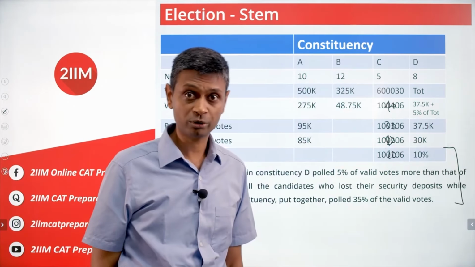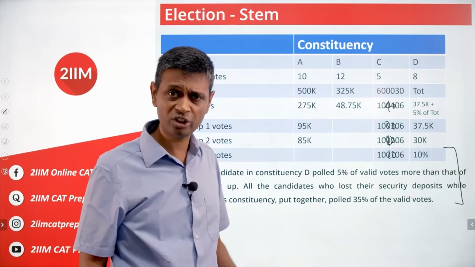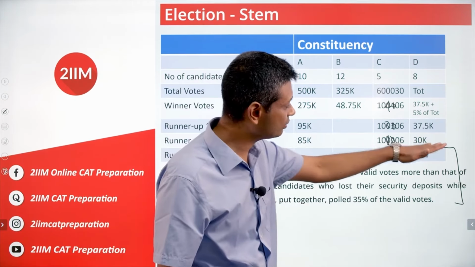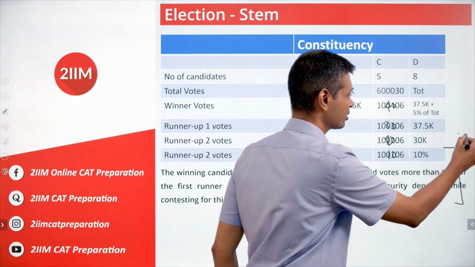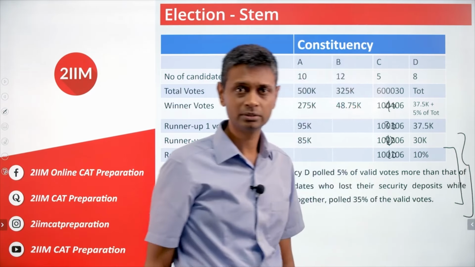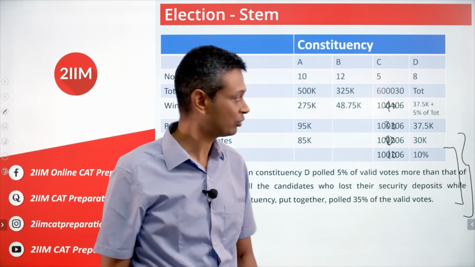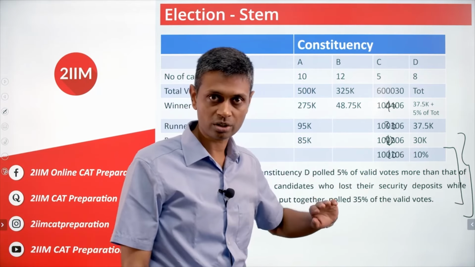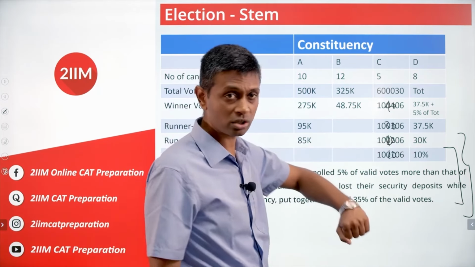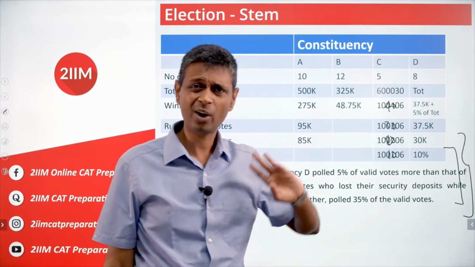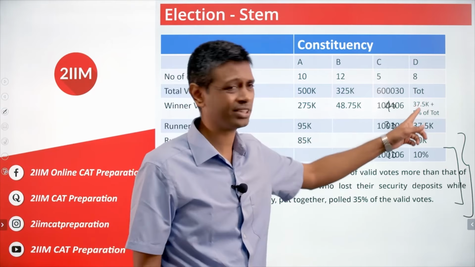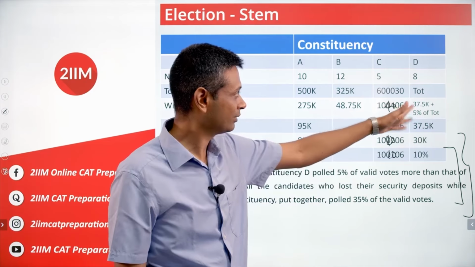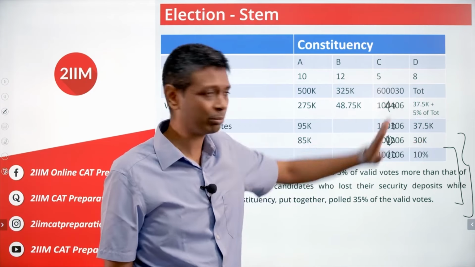And now we could have a scenario where only all of these lost, these 3 retained, or even this guy could have lost, and everybody else retains. So all of these definitely lost, or even runner-up 2 could have lost, or even runner-up 1 could have lost. I'm already sensing that runner-up 1 also losing is not possible, because this guy scored just 5% more, and these 2 add up to 65%.